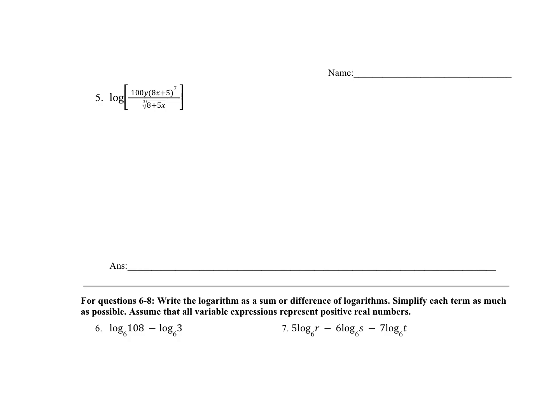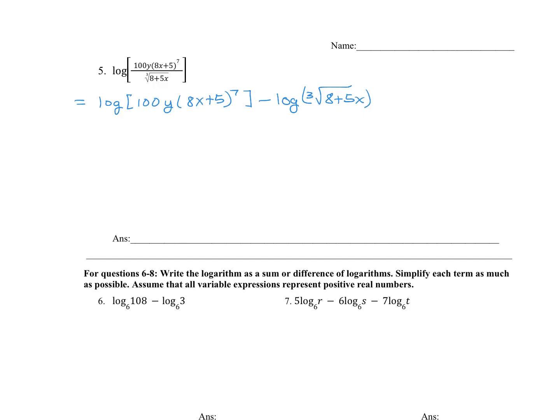So this is going to be equal to log base 10, again, the base doesn't play a role in this part of the breakdown process, of 100 times y times (8x plus 5) to the 7th minus log of the cube root of 8 plus 5x. And you could put parentheses around that, or you don't have to.